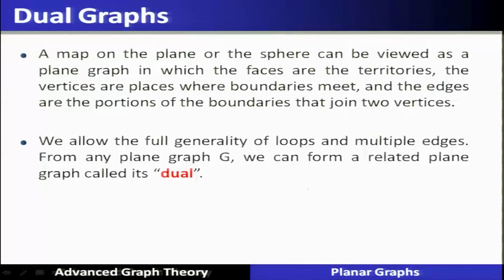So, again, let us see that this is the map. We can draw a map on a plane or a sphere. These are called faces. A face defines the territory of this particular region.